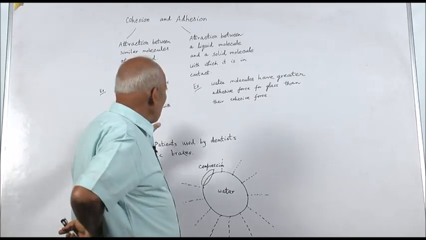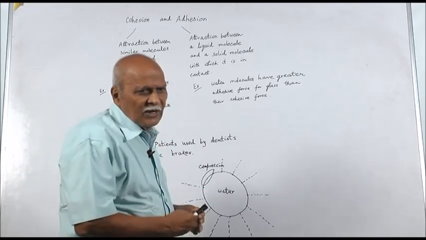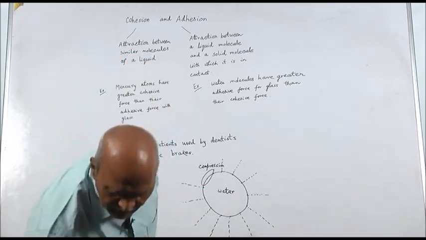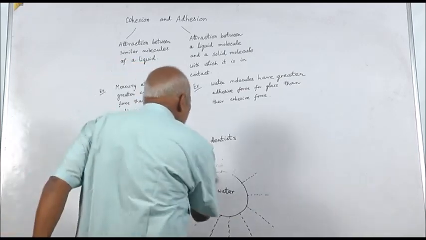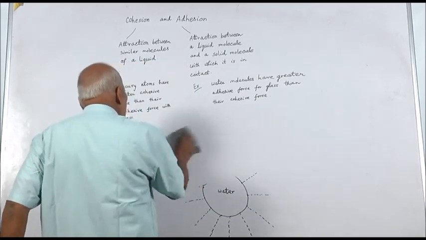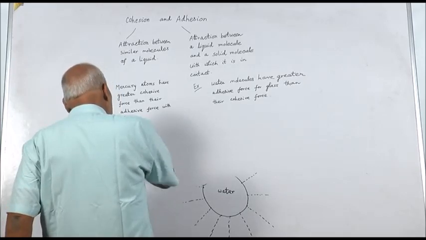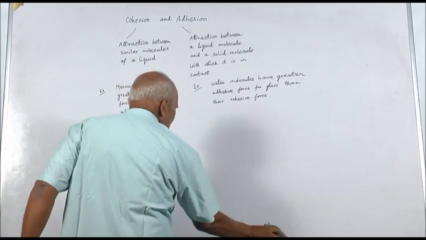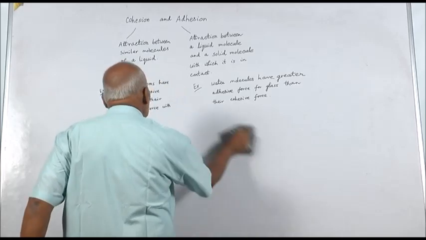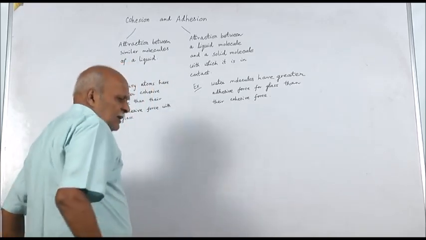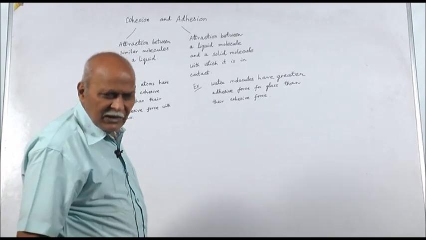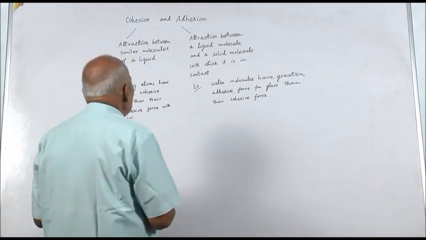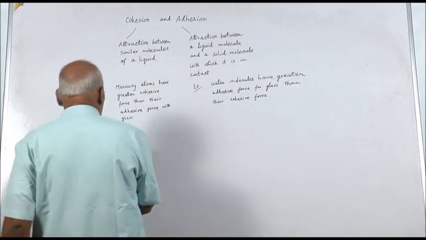Unlike mercury, mercury does not stick, so mercury does not find a place inside the glass. But the water in a glass is present even after you drink all the water. You think that you have used all the water, but a little bit is left. That is due to adhesion.